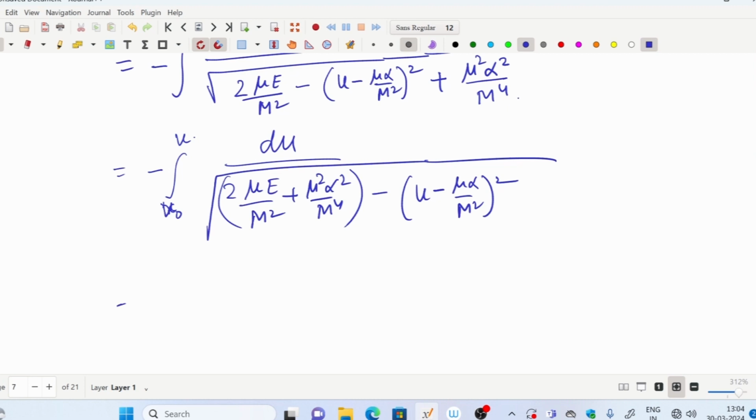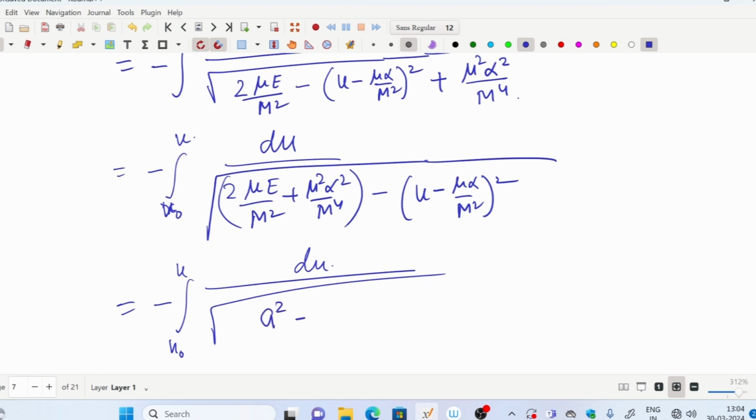So, then what will happen, minus integration u0 to u du over the square root of this integration. I can think of it as a square minus some constant, root over 2 mu E by m square plus mu square alpha square by m to the power 4, whole square, minus u square.